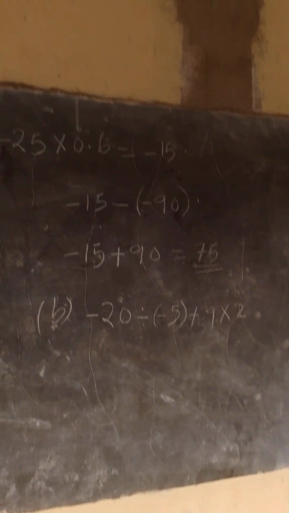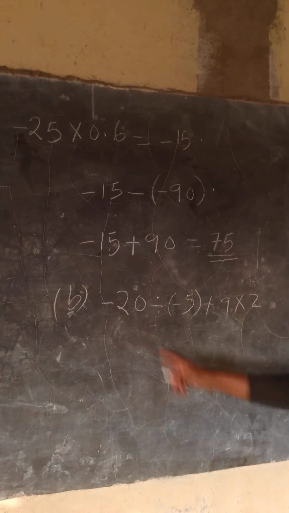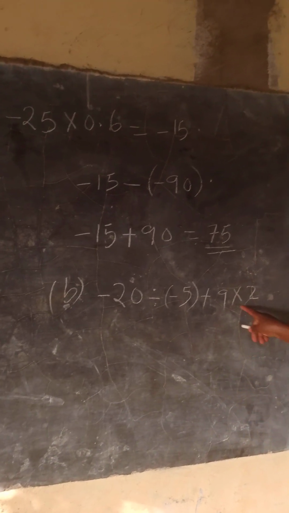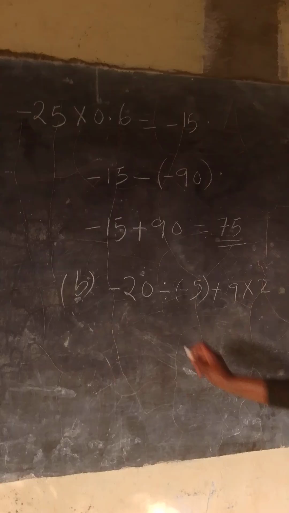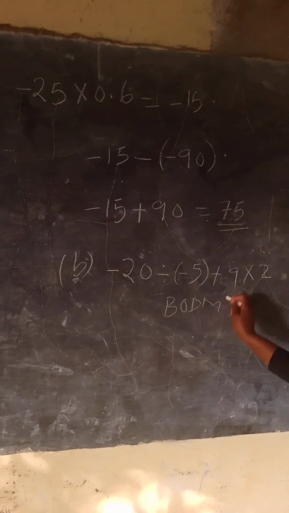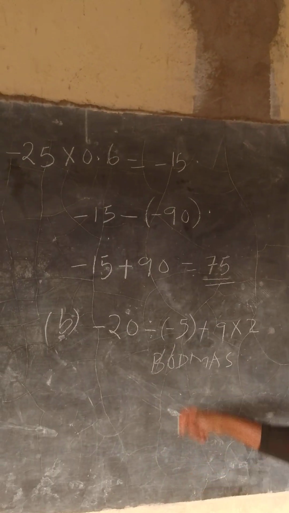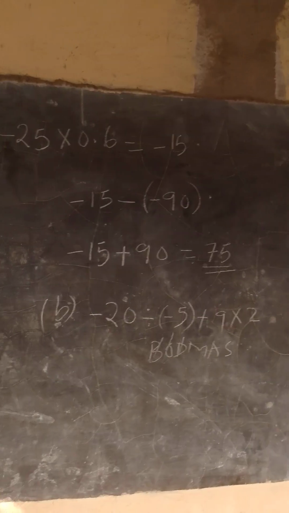Again this is a combined operation. You can see we have addition, we have multiplication. BODMAS again. No brackets, no off, but we have division.